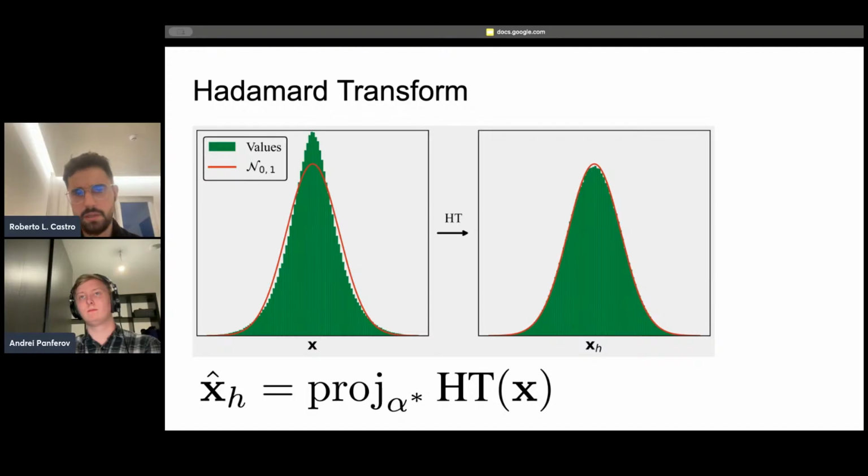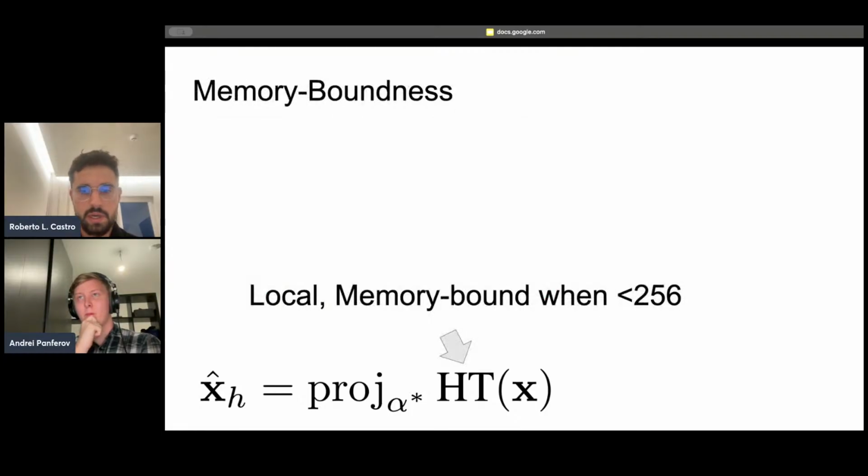The Hadamard transform behaves as this normalization that Andrei just described. And if we focus on this Hadamard transformation, the size of this Hadamard transformation is critical if we refer to runtime, right? So when the Hadamard size is less than 256, the problem to solve is memory bound.